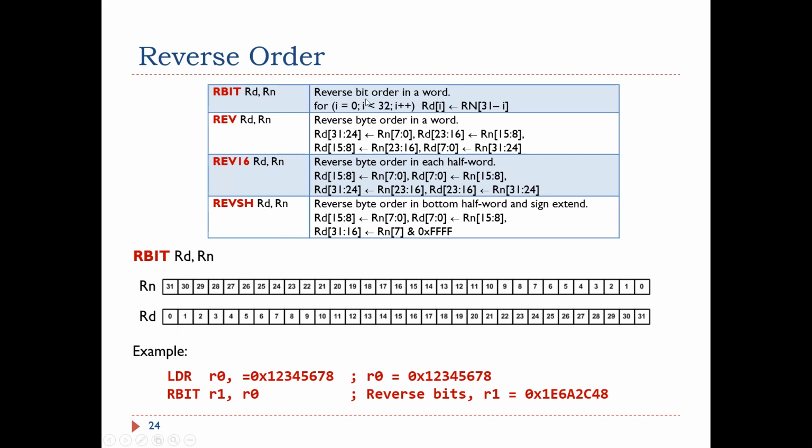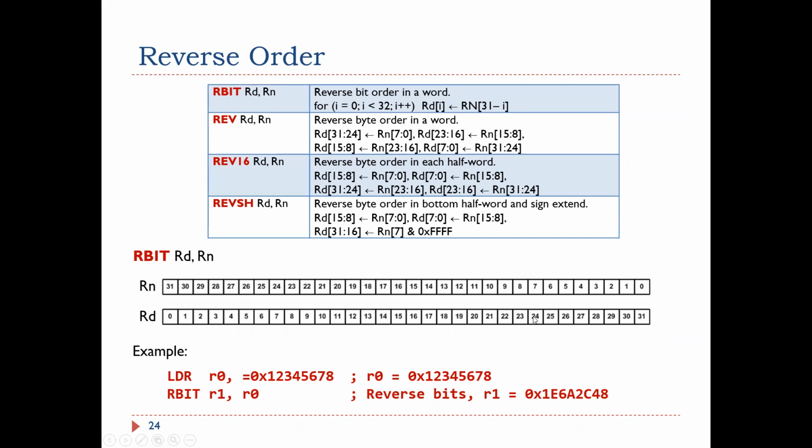If you understand the C program, this is the programming representation of RBIT, what it is doing. We can also see it in the graphical representation. So Rn will be the source and Rd is the destination.